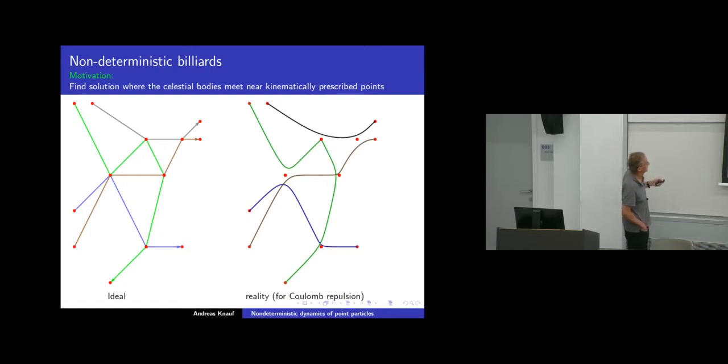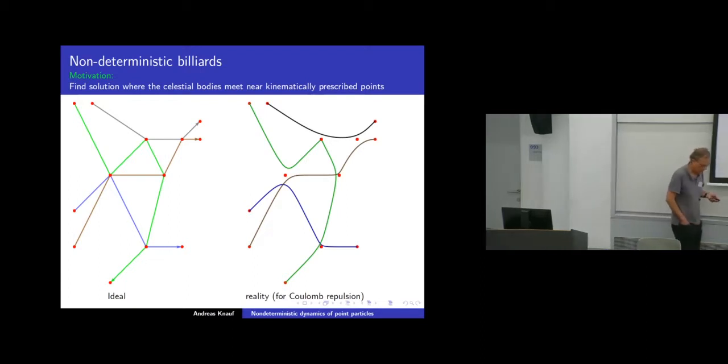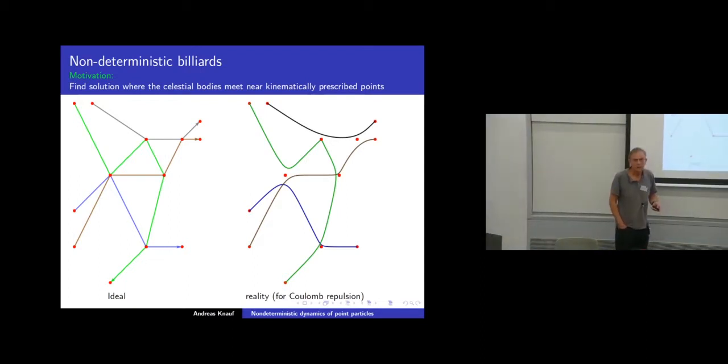And so the question is whether we can imitate this in, for example, celestial mechanics. So what one would like is to start with the left-hand picture and then go to the right-hand picture and actually find solutions in celestial mechanics that look like that. So that's a basic question where you can play billiards here.